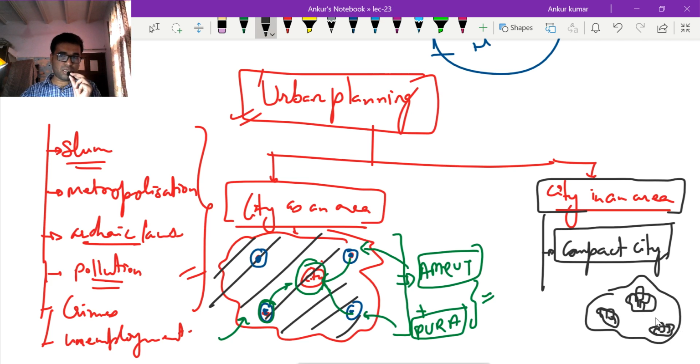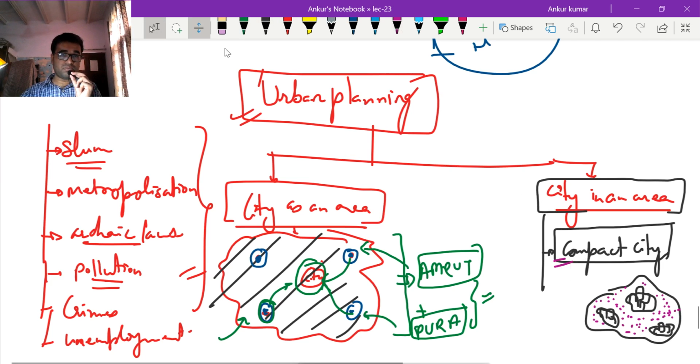While doing this, you are left with a large space. In this large space, other facilities, whether greenery development, park development, or proper urban services such as transportation and water services, can be provided. So this can be one method, the compact city method for the city in an area.